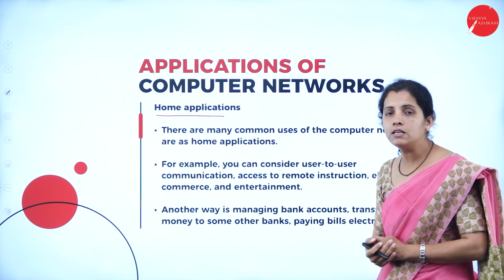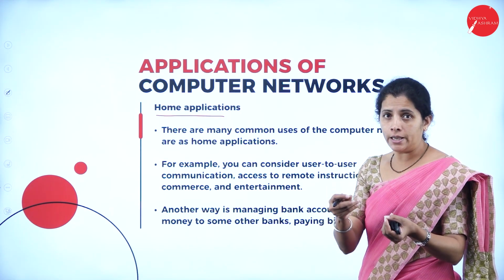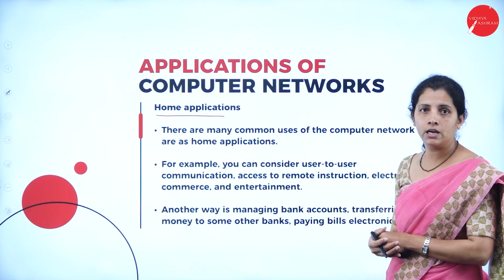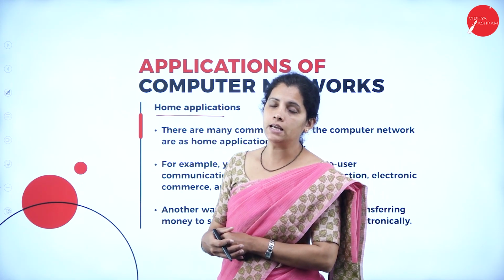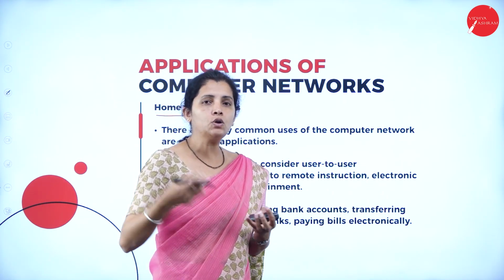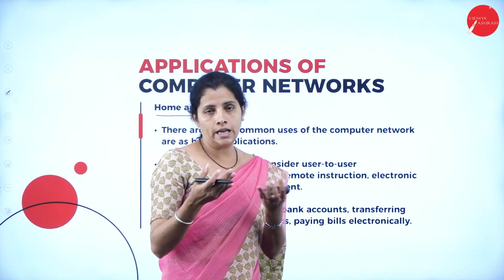Even if I consider home appliances and I want IoT in my home, once again I require a network connection. So what is IoT? Internet of Things. In the sense, I have electronic appliances and I am going to control all these appliances through an internet connection.